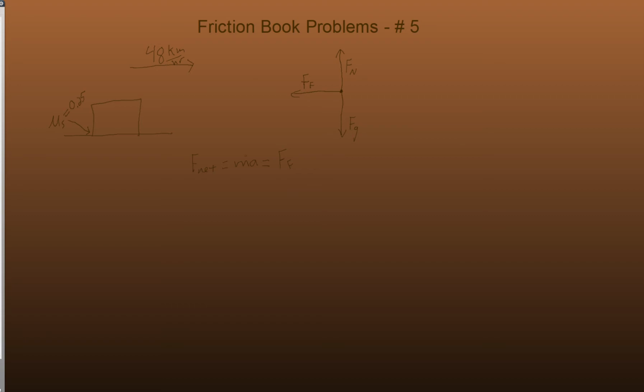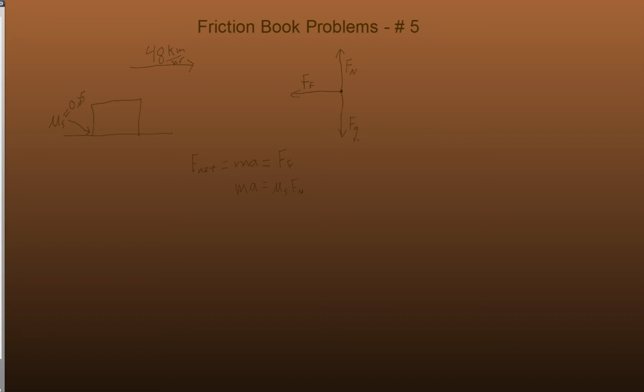Alright? So the force of friction, we know, is, let's just rewrite the net force, mu, in this case static, times the normal force. Right? And here's our normal force right here. And because the block is not accelerating up or down, the normal force equals the weight.